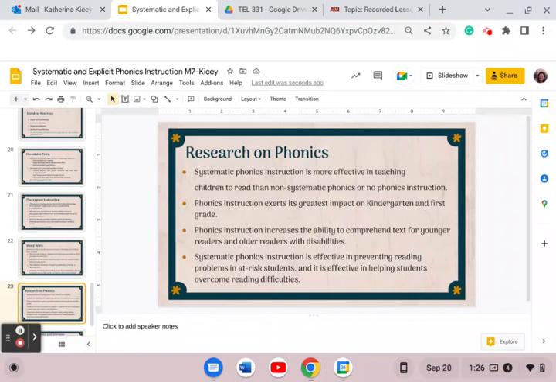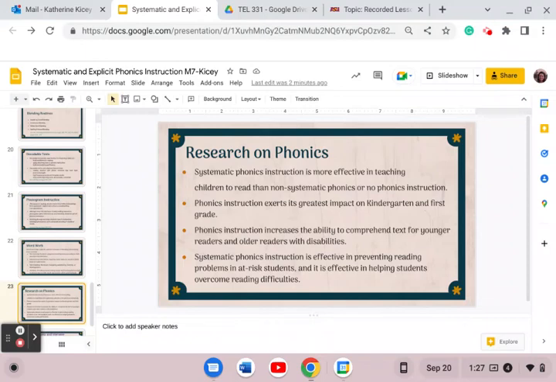Phonics instruction exerts its greatest impact on kindergarten and first grade. But we all know that even if a child is beyond kinder or beyond first grade, they may not have a solid foundation in phonics. So you may have to go back to these explicit phonics instructions to build that child's base before they move on to be a very proficient reader. Phonics instruction increases the ability to comprehend text for younger readers and older readers with disabilities.